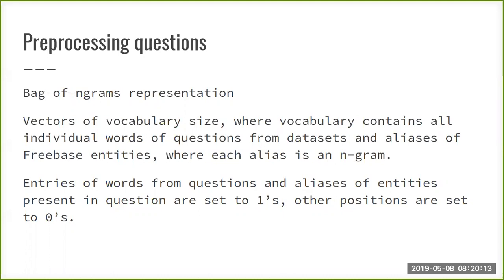They will also check if any of those words is an alias of any entity in Freebase, and they would encode all this in the same bag of symbols representation, where they set ones for each entity that is present, and 0 for everything else.